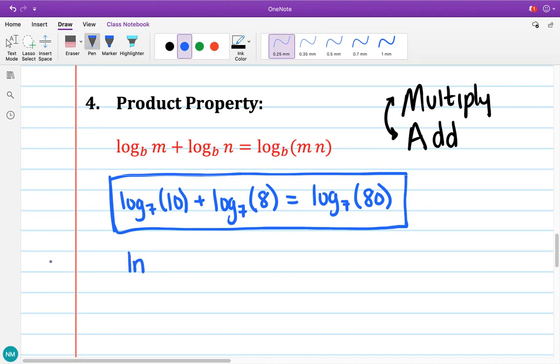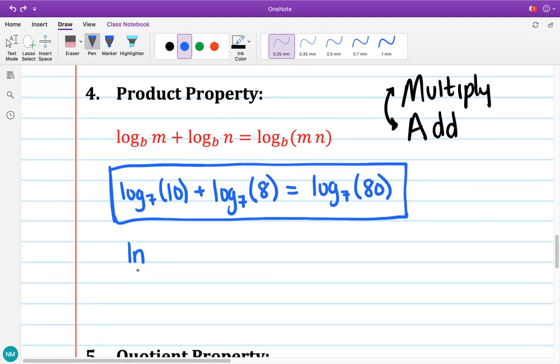The natural log, as in our review, is the same thing as saying log base E. So as long as I use natural log all across, they have the same base, B is E. So the natural log of 2x, how can I expand it essentially? It is equal to the natural log of 2 plus the natural log of x.